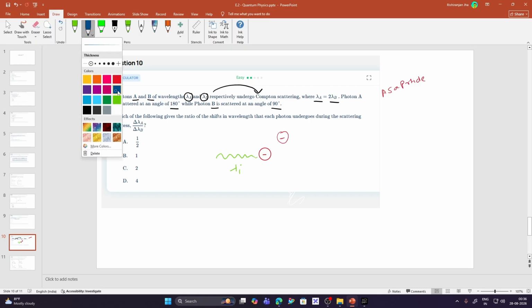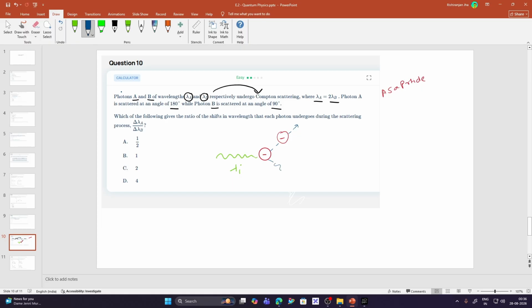Now if we look at the diagram carefully, this is the deflected path of the electron. This is the photon that deflects after the collision with the electron, which is represented by lambda f. So this is the final wavelength, this is the initial wavelength, and from this line we can find out the scattering angle.